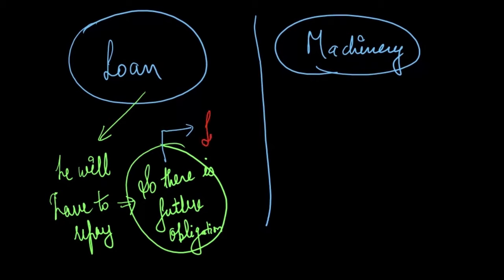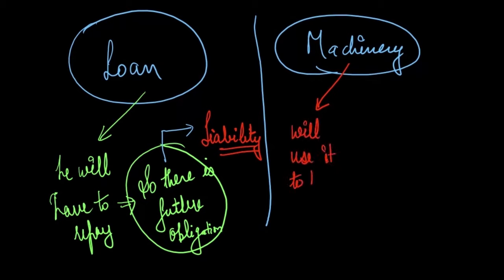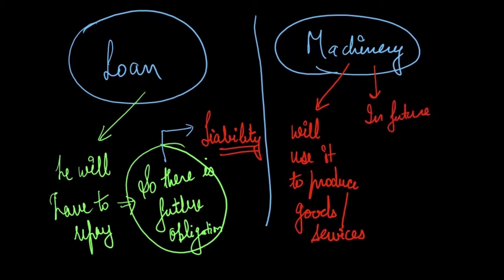Liability. Machinery, the factory will use it to produce goods or services. In future, it can be sold. So, it's an asset.